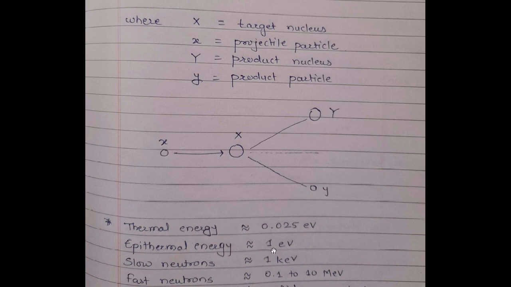If the energy is of the order of 1 electron volt, we call it epithermal energy. The energy associated with slow neutrons is of the order of 1 kilo electron volt. For fast neutrons, the energy involved is of the order of 10 mega electron volt. So these are the energy intervals associated with nuclear reactions.